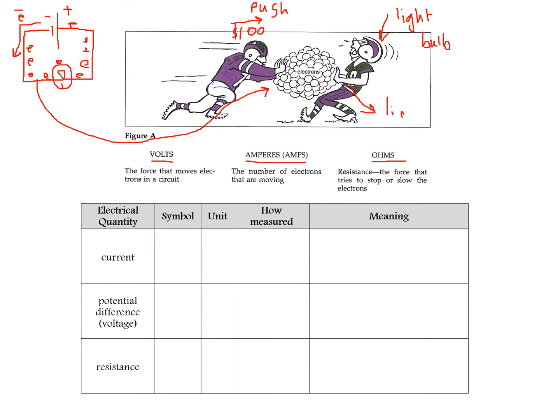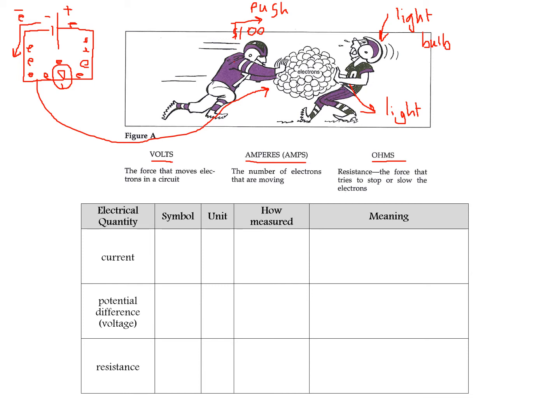So sometimes they call the light bulb a resistor. What does a resistor mean? Something that resists means pushing back, stopping, not letting electrons go. So when I push something, I create either light or heat.